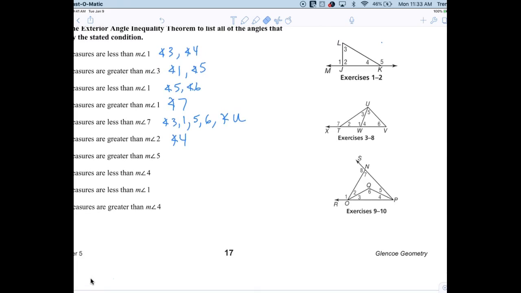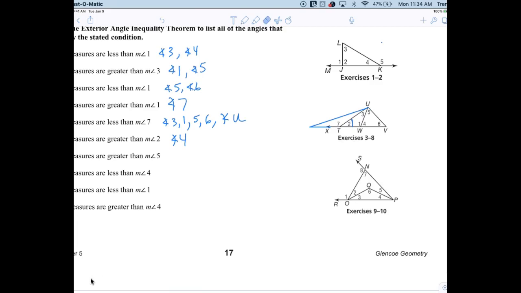Angle 2, we can define angle 2 like this. That is a remote interior angle. It's definitely not an exterior angle, right? If I drew something like this, now could angle 2 be described as an exterior angle? Yes.